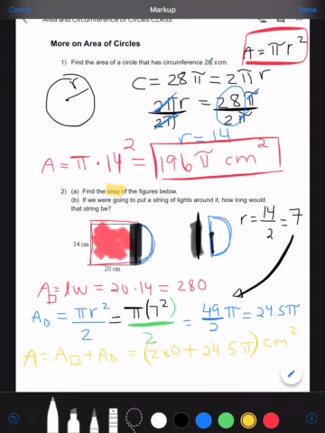It's around it, right? So now you're going to find the circumference of the semicircle and the perimeter of the portion of the rectangle that uses strings of light. So I'm going to stop it here and we'll continue later today.